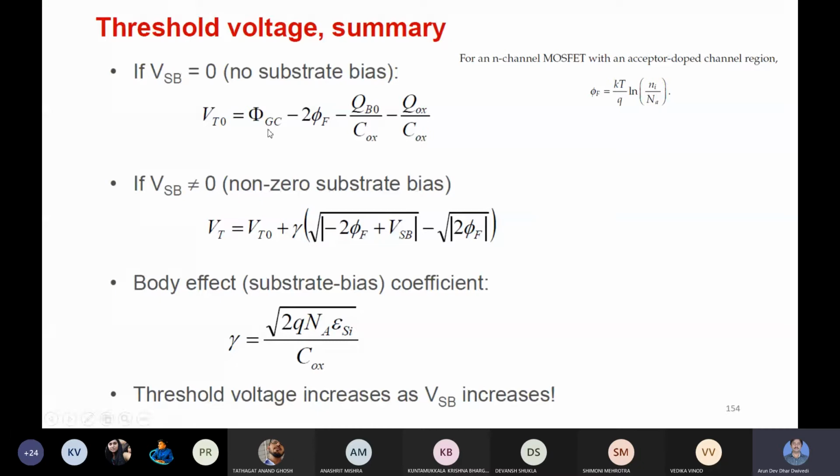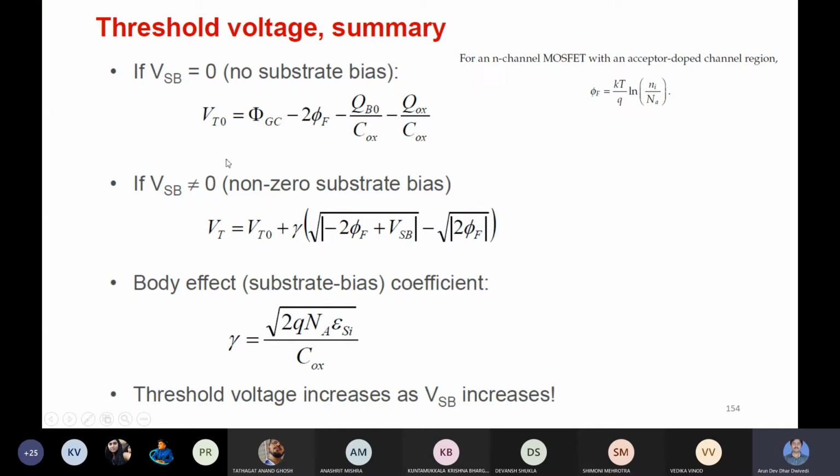And if there is a polysilicon gate, then it is the polysilicon and p-type silicon work function difference. So phi GC is basically the work function difference between gate metal or gate polysilicon and the p-type body for the NMOS, the n-channel MOSFET. Sorry, if it is a p-channel MOSFET, then the body will be n-type.